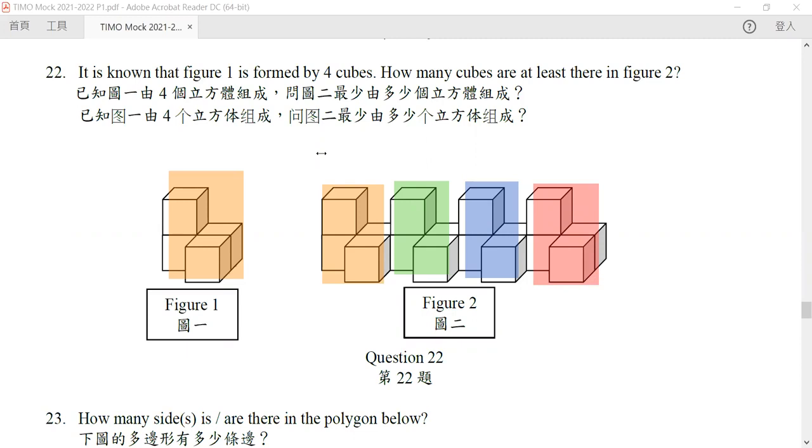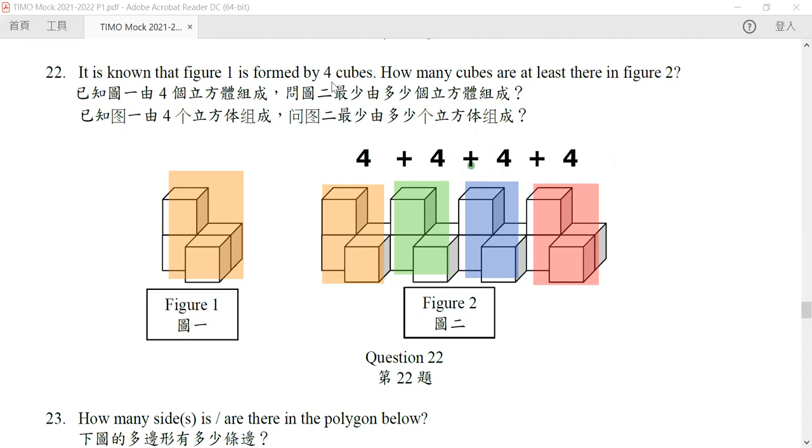So in total, it will be like 4 plus 4, right? This will be 4 for our leftmost, and then another 4 for our blue, then another 4 for our green, and finally another 4 for our red.